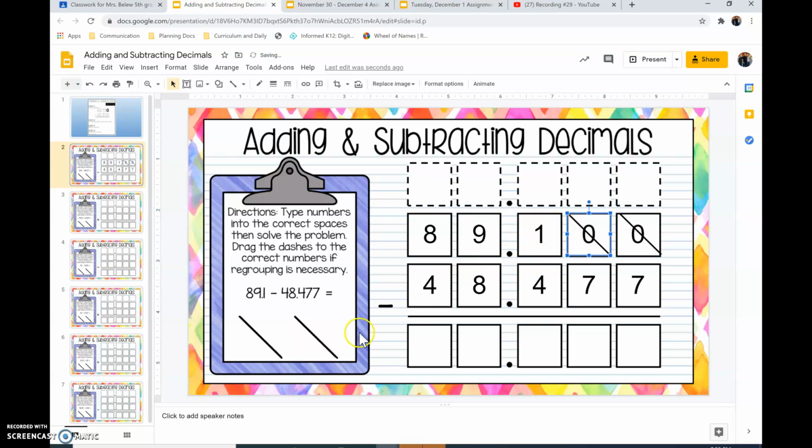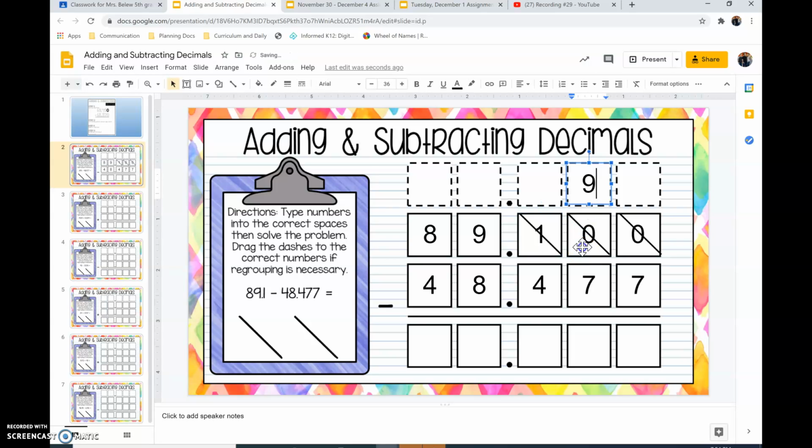And then I'm going to have to come over here and regroup as well. So this was a 10 and I took 1 away. Now it's a 9. I gave 1 to the 0, which makes it a 10. But I also regrouped here and it was a 1. Now it's a 0.